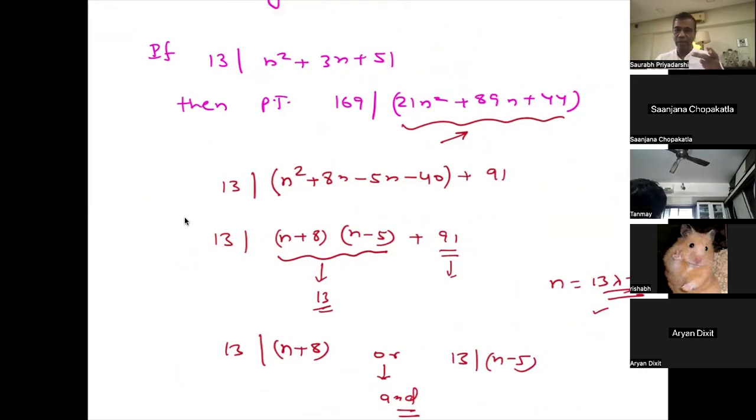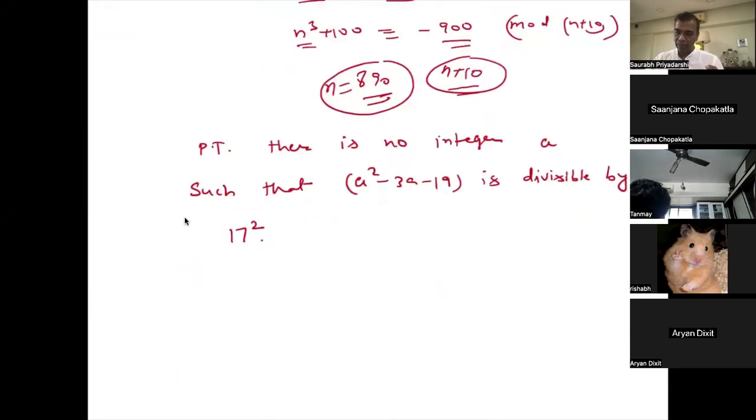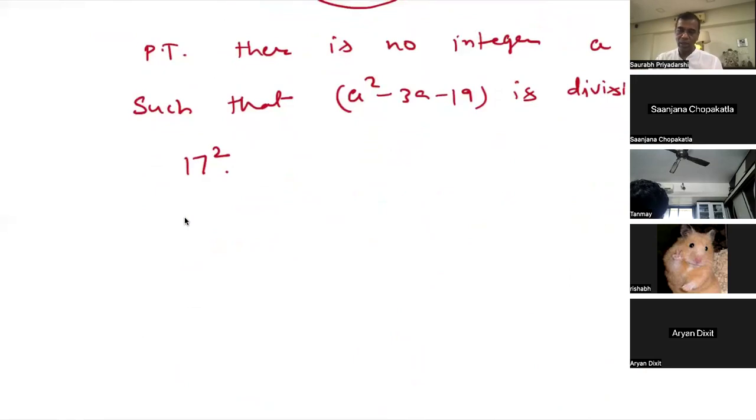So one is divisible by 13, the other must be divisible by 13. The same way I have to take a square minus 3a as a split. I have to split this with a difference of 17. So if one is divisible by 17, the other must be divisible by 17. Then only I have to concentrate on the constant part. You understand my point?